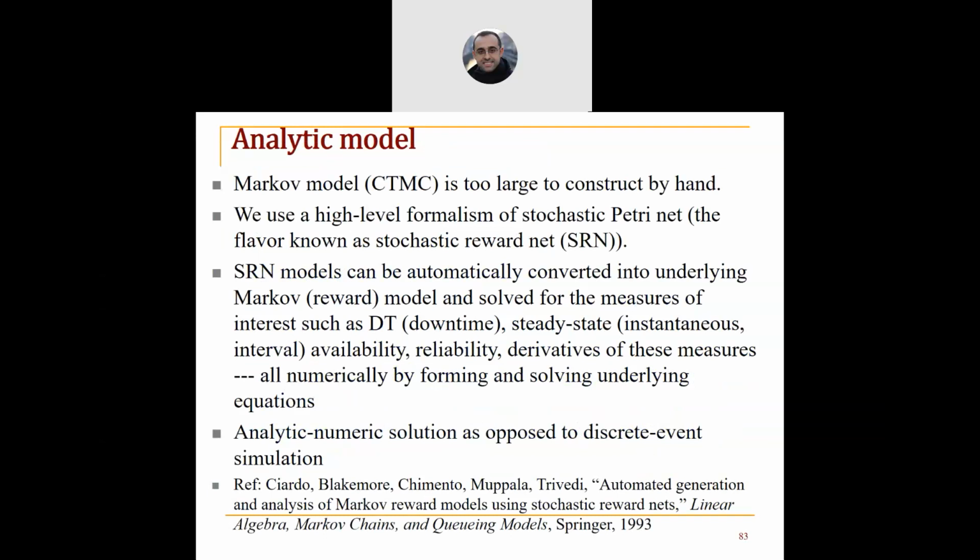And the flavor of stochastic Petri nets that we have developed at Duke in my group is called stochastic reward net. Stochastic reward net models can be automatically converted into the underlying Markov reward model and solved for the measures of interest such as downtime, steady state, instantaneous, interval availability, reliability, derivative measures, all numerically by forming and solving the underlying matrix equations that I briefly showed you earlier.